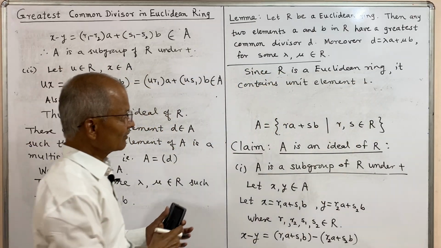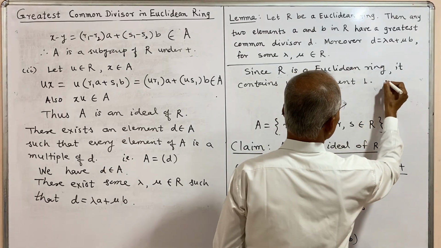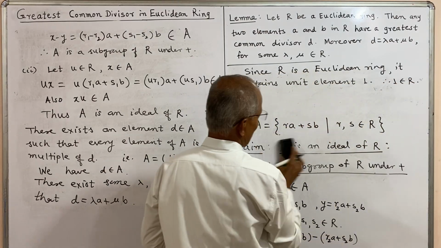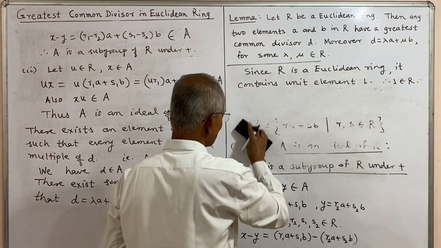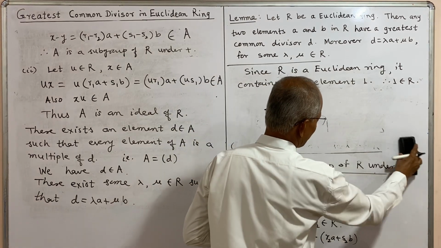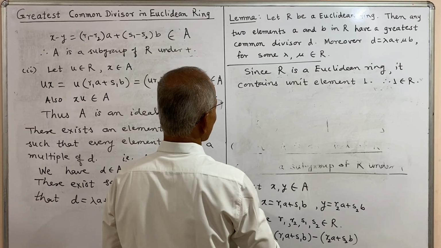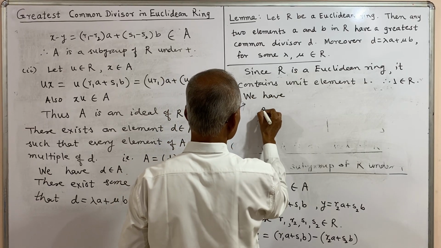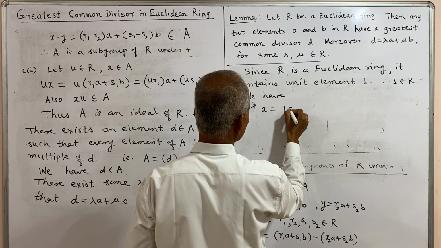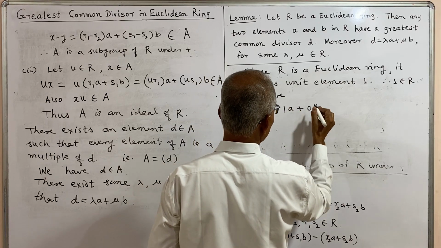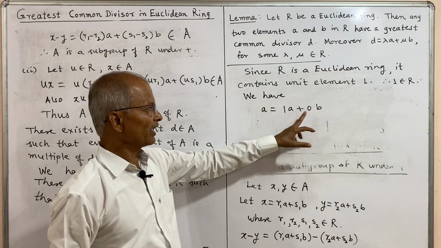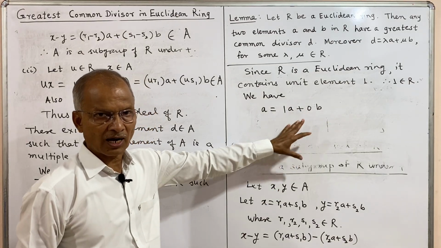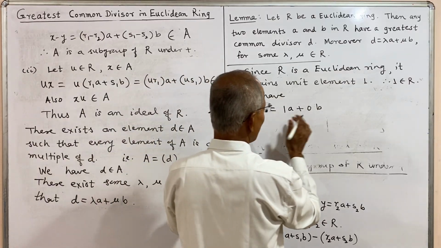And therefore we can write 1 belongs to R. We can write A as 1 into A plus 0 into B, and that is a combination of A and B. 1 belongs to R, 0 also belongs to R, and thus this A belongs to the ideal.